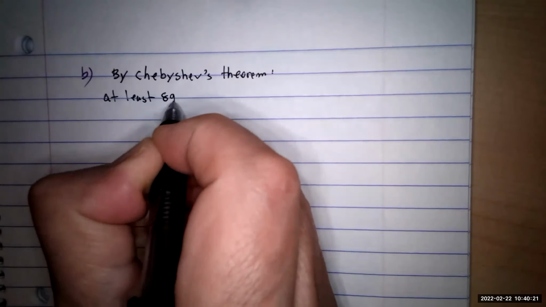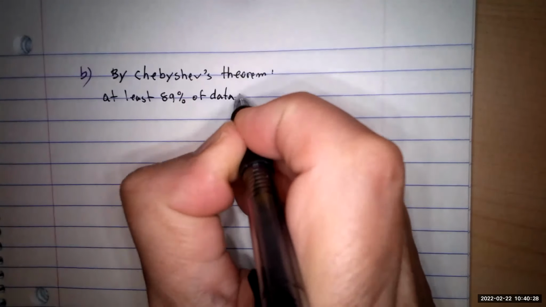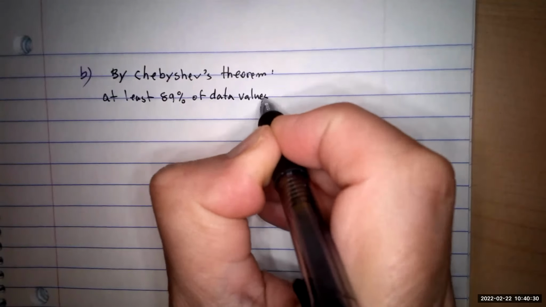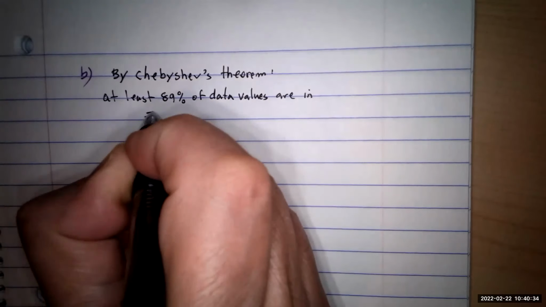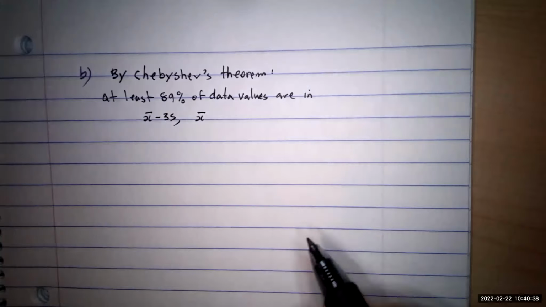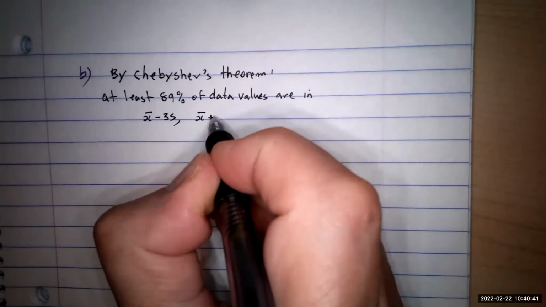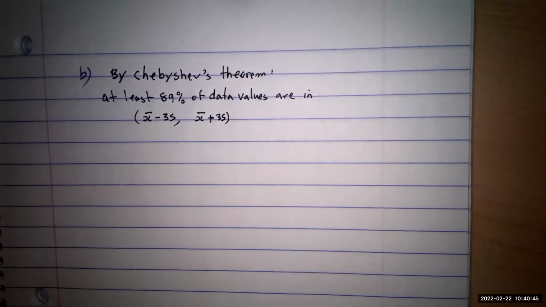At least, again I repeat the theorem, at least 89% of data values are going to be in the interval X bar minus 3S, comma, X bar plus 3S, because in this case k is equal to 3. So X bar is 50,000 and S is 10,000.